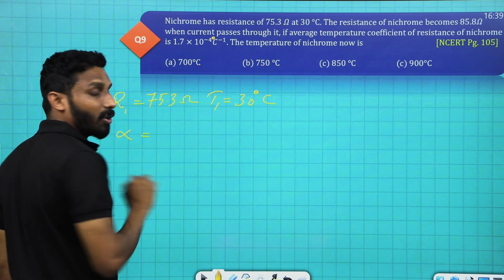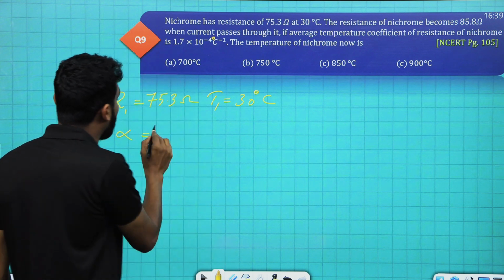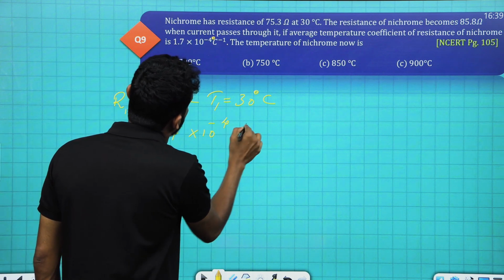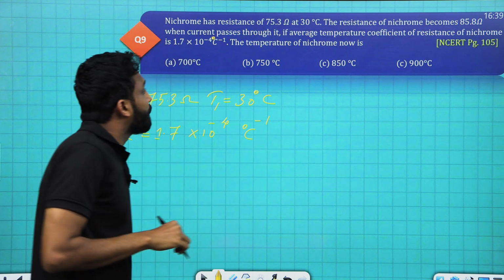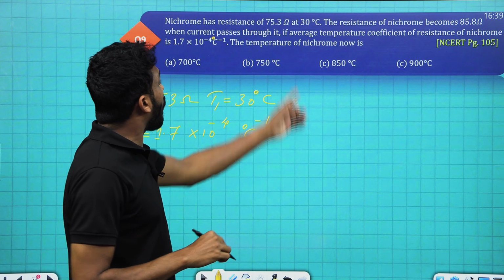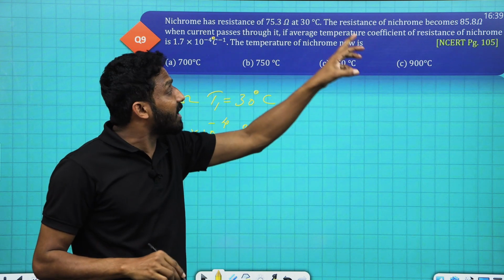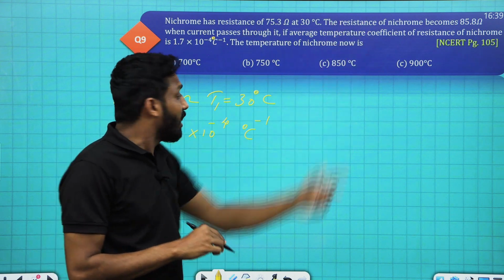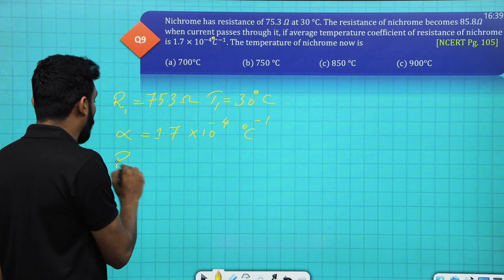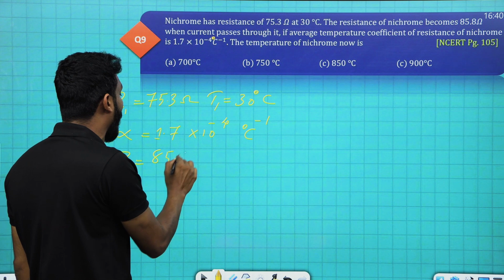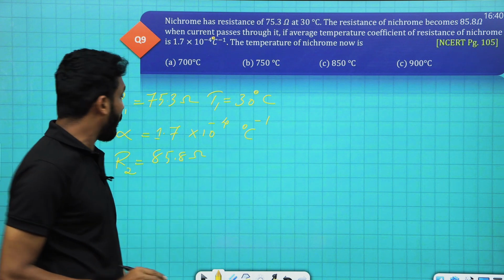Alpha, the temperature coefficient of the nichrome wire, is given in the question as 1.7 into 10 power minus 4 per degree Celsius. After passing the current, the resistance has increased and the new resistance R2 is given as 85.8 ohm.